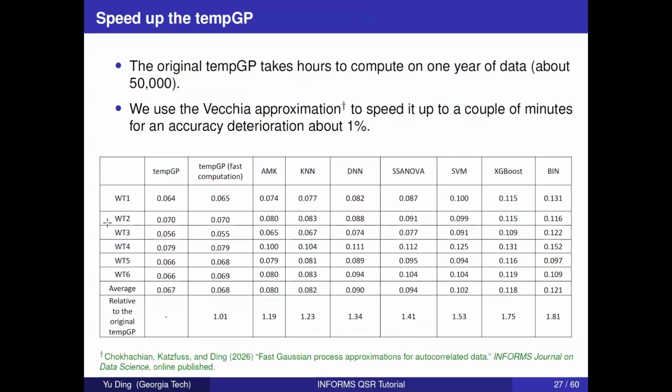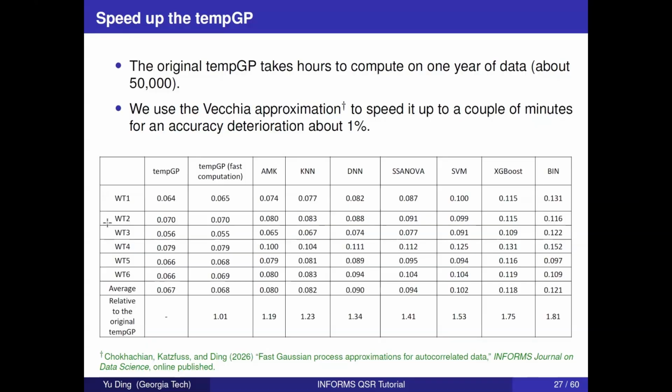It's not easy, and the Gaussian process model is pretty expensive to run. The original version takes an hour to run. So recently, my PhD student, together with our statistical collaborator, used a Vecchia approximation to speed it up to just a couple of minutes for one year's worth of data. And the accuracy deterioration is only about 1%, right?